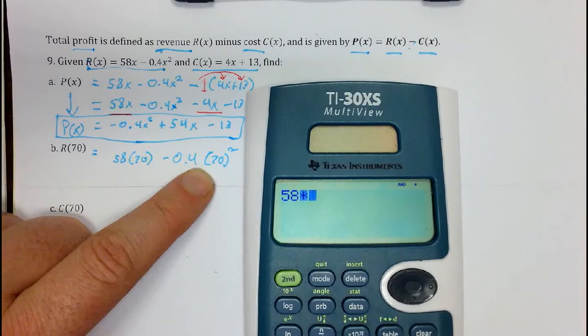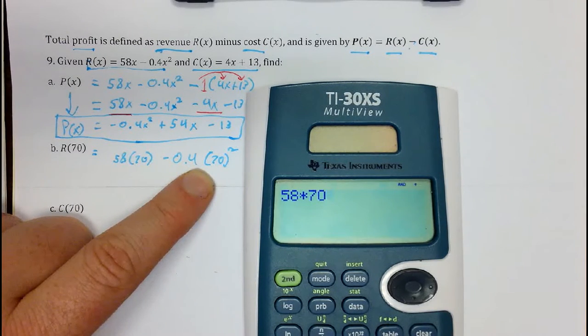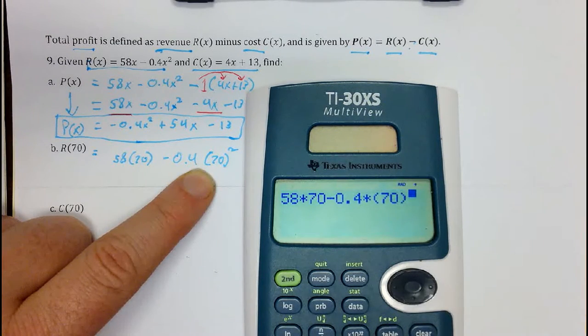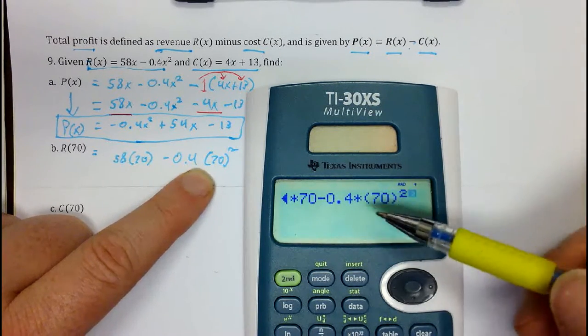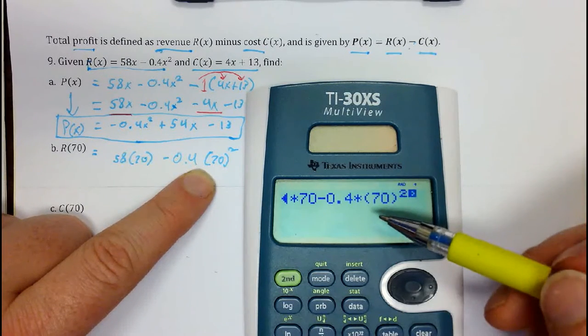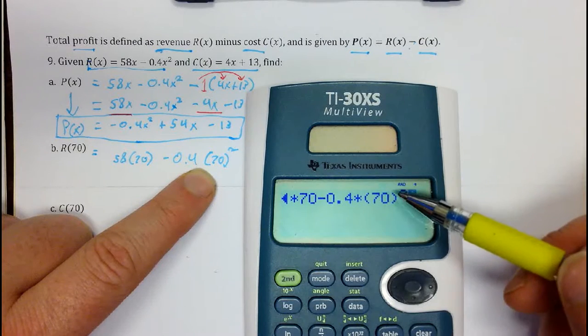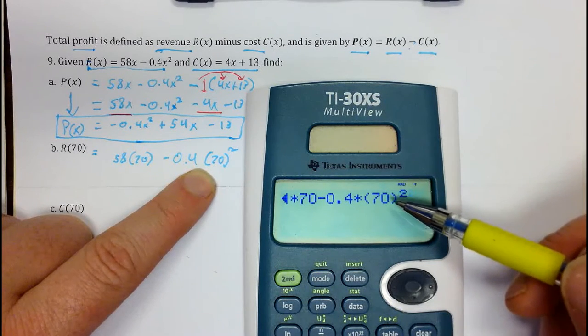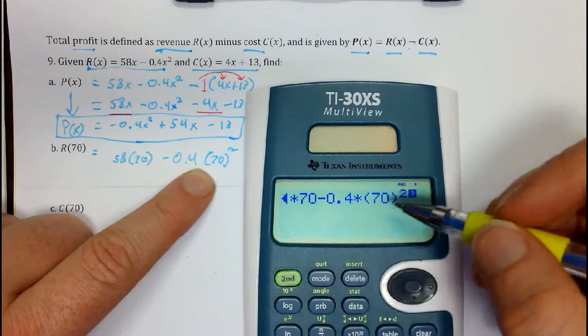I'm going to do 58 times 70 minus 0.4 times 70 squared. Now, this calculator should be interpreting this correctly. It's going to take whatever I've got in my parentheses and raise it to the second power. There are plenty of other ways you could input this with this calculator.